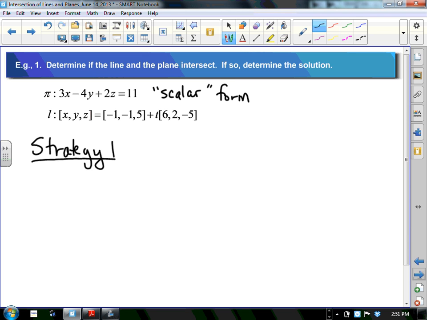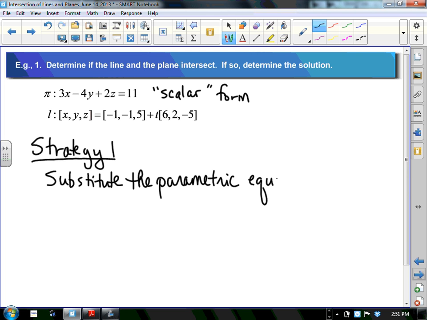Strategy 1, what we're going to do is take the parametric equations and substitute the parametric equations into the scalar equation.